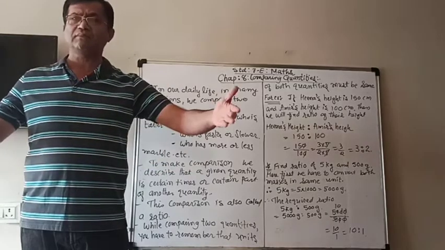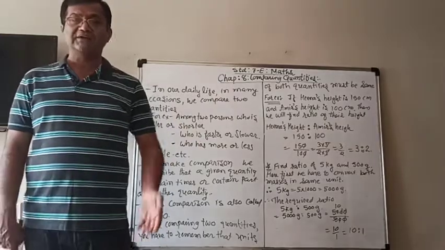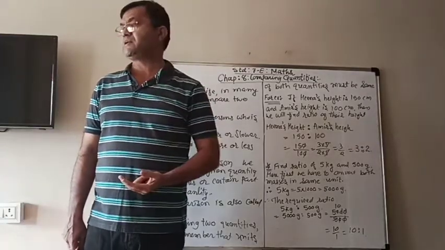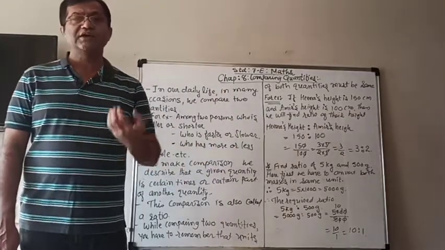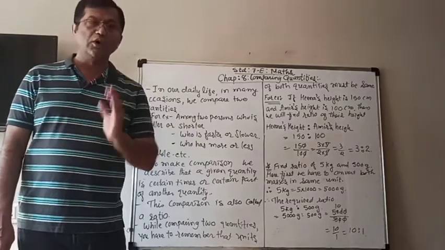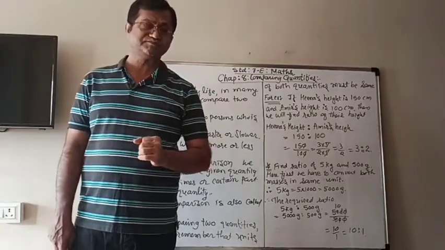They are the same kind of quantity, like length, but their units are different. So before the ratio comparison, we must convert them such that both quantities have the same unit.